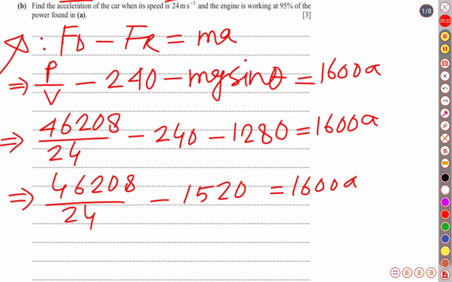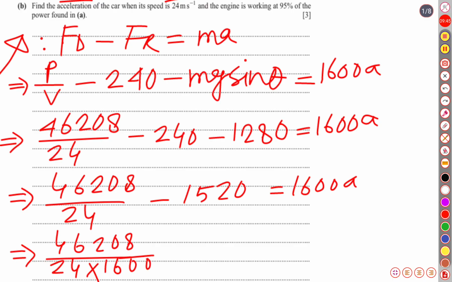Now if 1600 is transposed to the left side, it is going to be 46208 over 24 into 1600 minus 1520 over 1600 equals the acceleration.